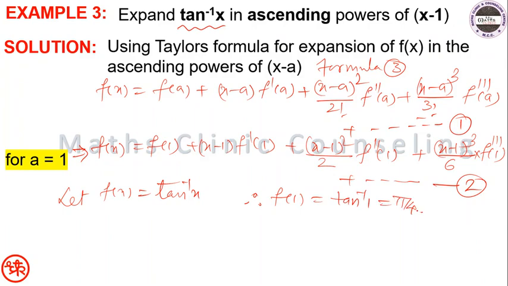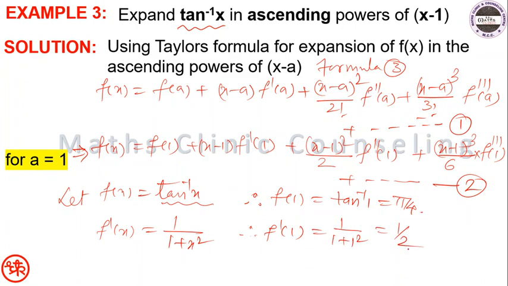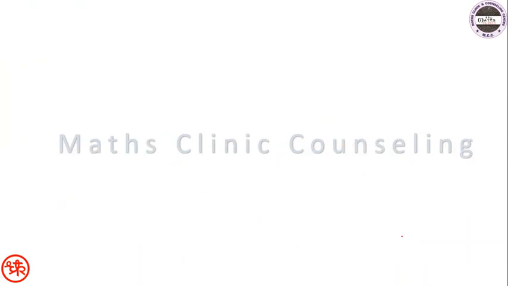Because you know tan pi by 4 is 1. Then what you have? f dash of x is equal to 1 upon 1 plus x square, the derivative of tan inverse, right? And therefore f dash of 1 is equal to 1 upon 1 plus 1 square, that is 1 by 2, right?